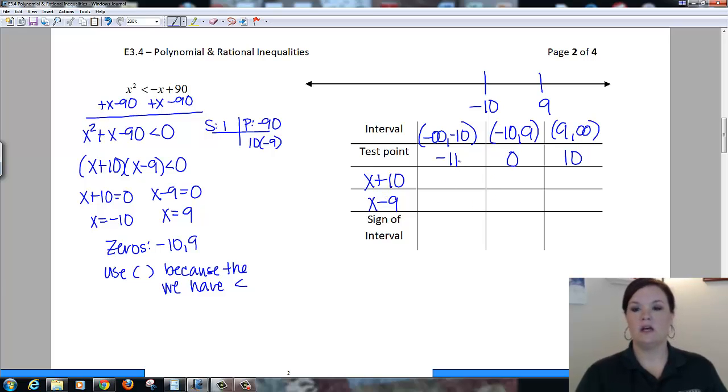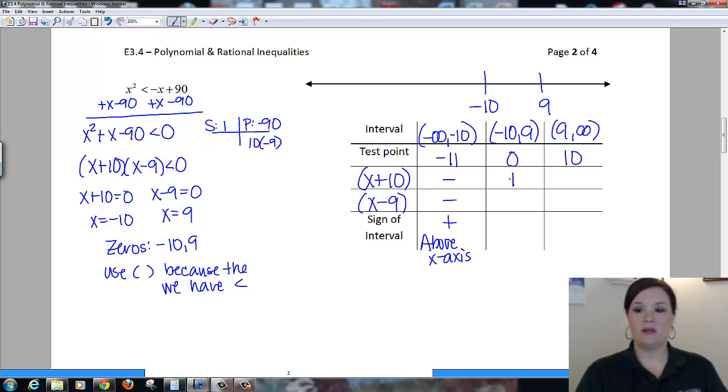When I plug negative 11 into x plus 10, I end up with a negative 1, which is negative. When I plug negative 11 into x minus 9, I get negative 20, which is negative. A negative times a negative is a positive, which means that my y values for this interval are above the x-axis. I'll do the same thing for 0.